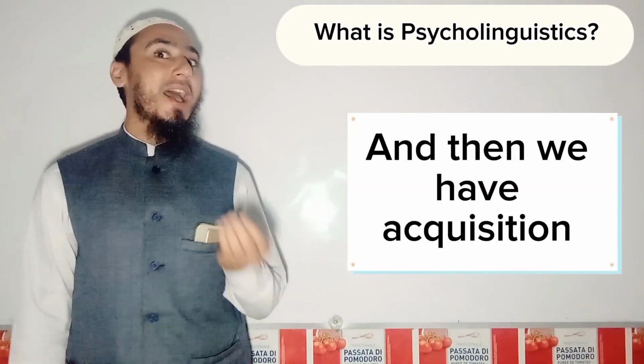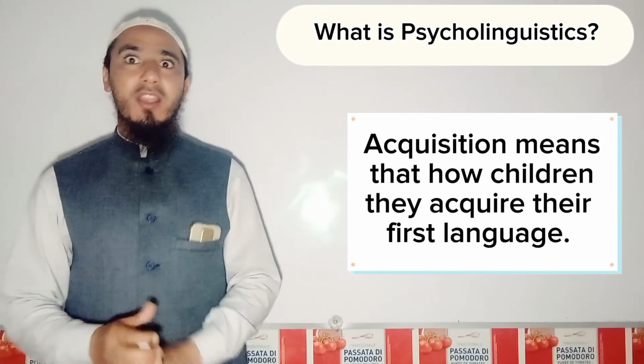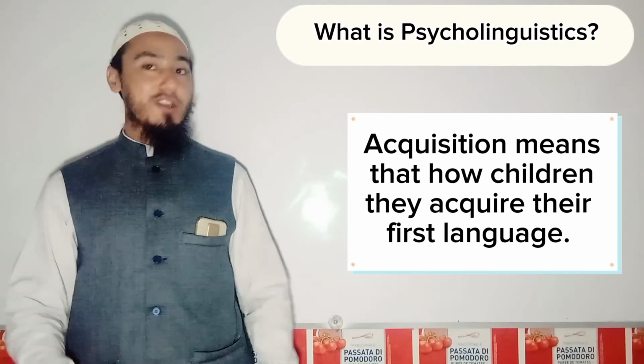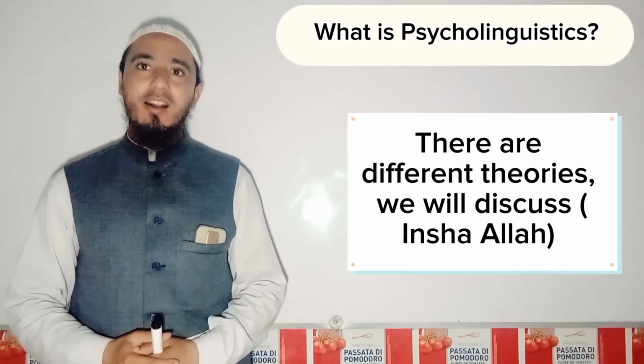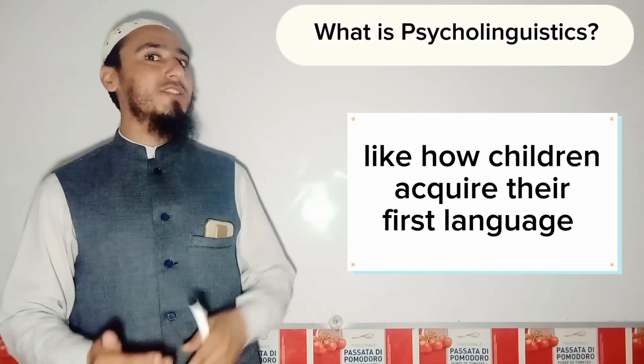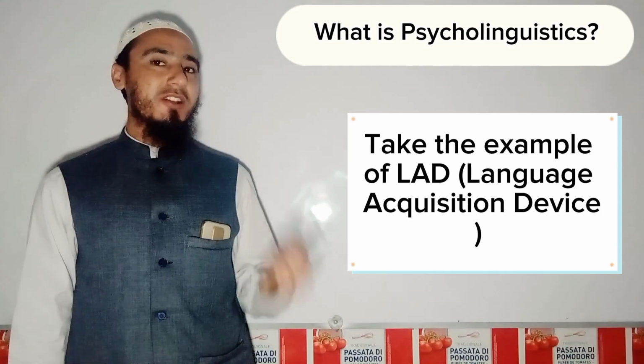And then we have acquisition. Acquisition means how children acquire their first language. There are different theories we will discuss, like how children acquire their first language. Take the example of the LAD, the language acquisition device.